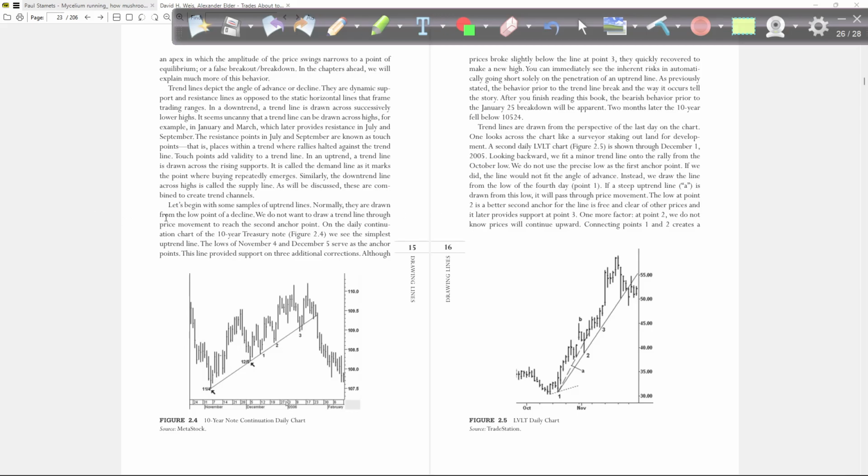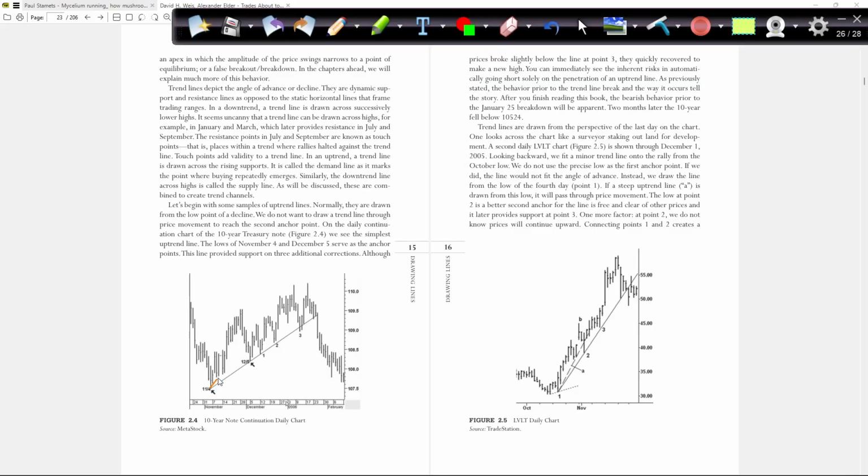Normally they are drawn from the low point of a decline. So generally these are drawn from a low point of a decline. What we are doing here is we see this low point of a decline, we draw a line from it. Combining this low point of decline, we draw this line.